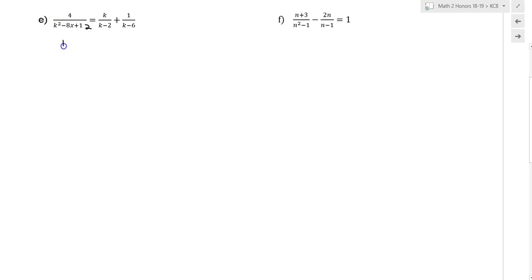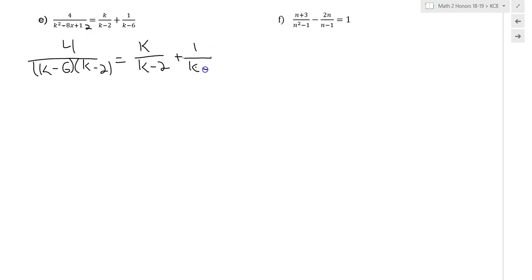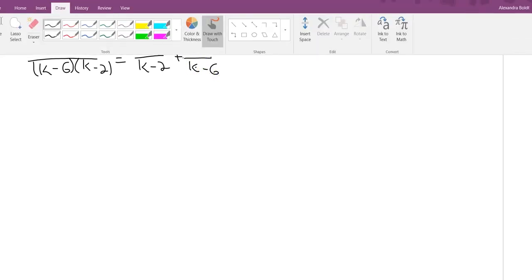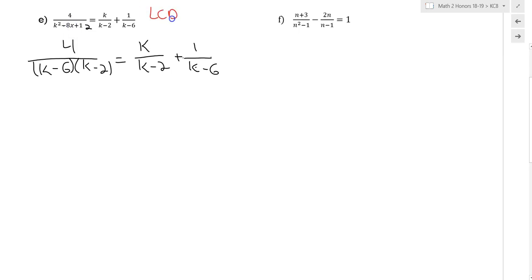So the first thing we have to do is factor if we can. So that's k squared, multiplies to 12, adds to -8. -6 and -2 are your numbers that multiply to 12 but add to -8. So our LCD, right, this one has a k minus 6 and a k minus 2.